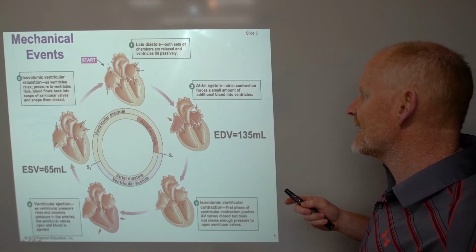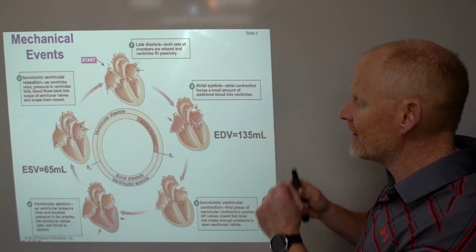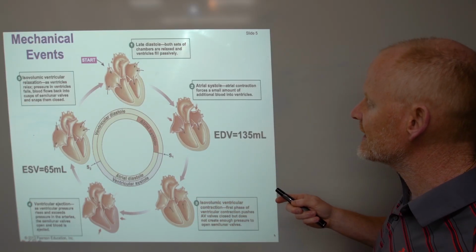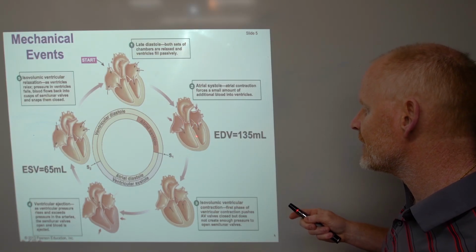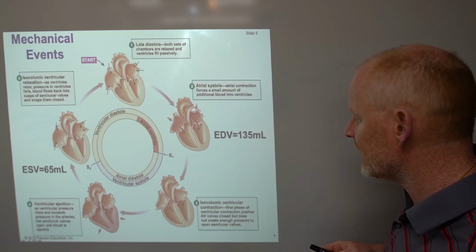At the end of late diastole, we get what's called atrial systole. The SA node fires, and the action potential spreads through the atrial networks. The atria then contract and eject the rest of the blood from the atria into the ventricles, so the ventricles are filling completely now.